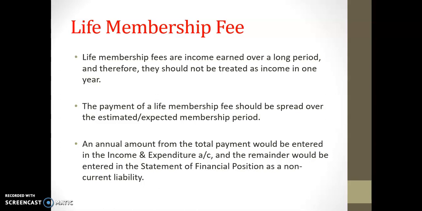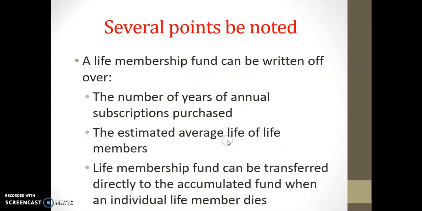So each year you will treat the portion as income for the year. The payment will then spread over the estimated or expected membership period. And just as I explained, the annual amount from the total payment will be entered in the income and expenditure account.